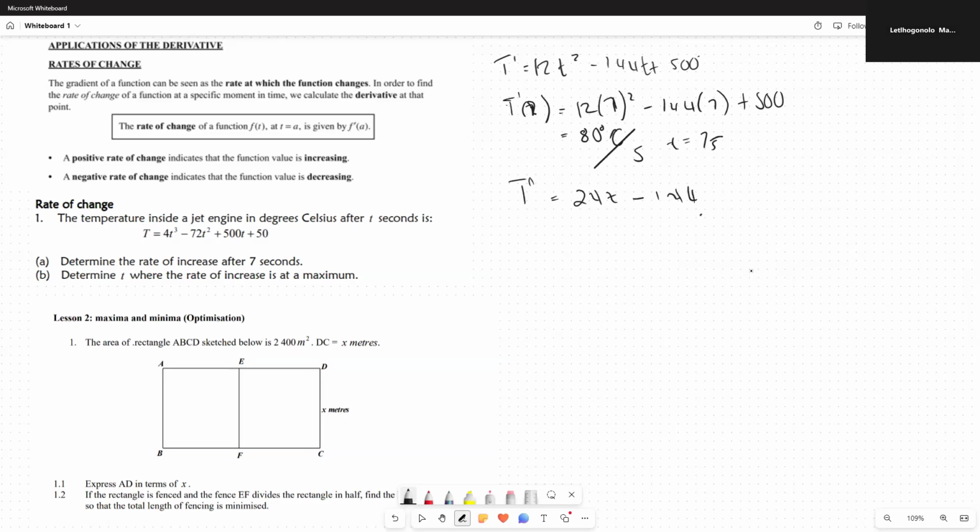And we have to solve where this is equal to 0. So we'll have 24t equals 144. Divide both sides by 24, and we'll get that t is equal to 6.